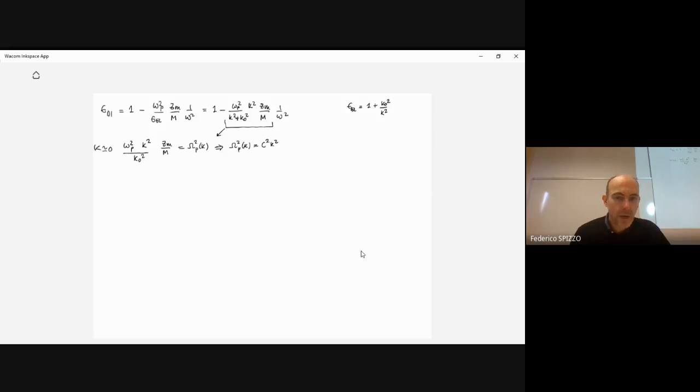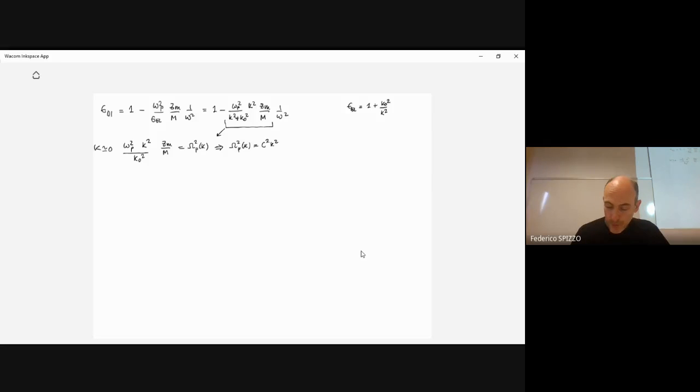In the Debye model, or in general, very close to the origin of the first Brillouin zone, we have a linear dependence of the frequency on the wave vector. So the square of the frequency is proportional to the square of the wave vector, and the proportionality coefficient is the square of the speed of sound within the solid.